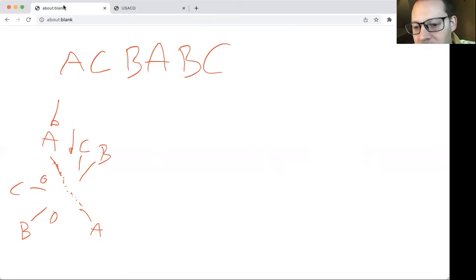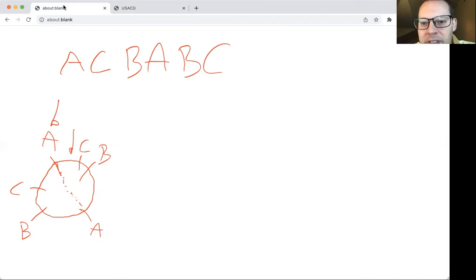Lost my circle again. Try that one more time. They're too close together. There we go. Okay, so if anything can enter and exit on the same side, then it would be able to not have to cross A's path.